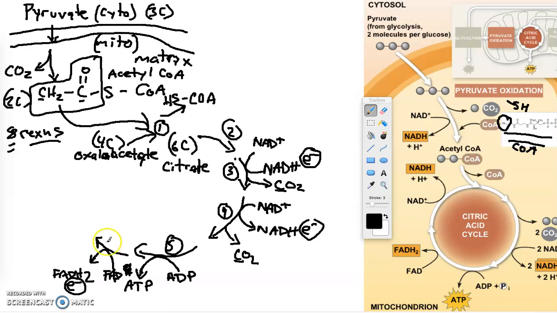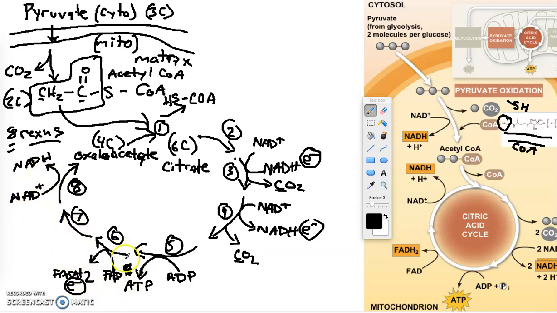Okay, finally we have a couple of more reactions, so that is reaction number 6. Then we have reaction number 7. Not a lot happens there, at least for Bio 141 and what we need to know. And then finally we have reaction number 8. And reaction number 8 is going to give us another NADH. All right, so we start with NAD plus and we generate NADH.